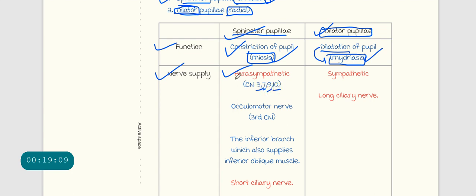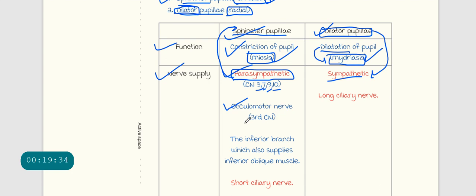Now the dilator pupillae receives the sympathetic nerves. The next is the oculomotor nerve, the third cranial nerve, which supplies the sphincter pupillae.